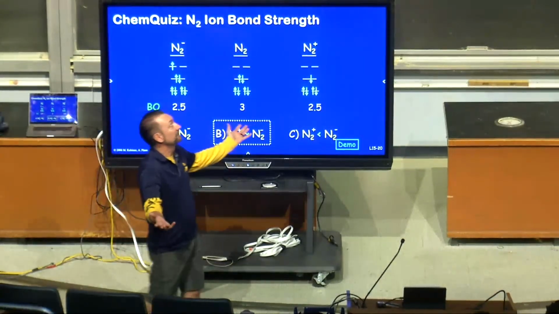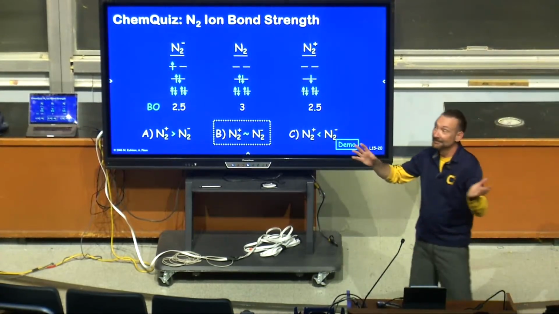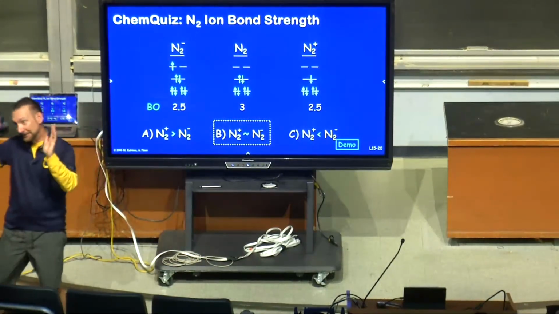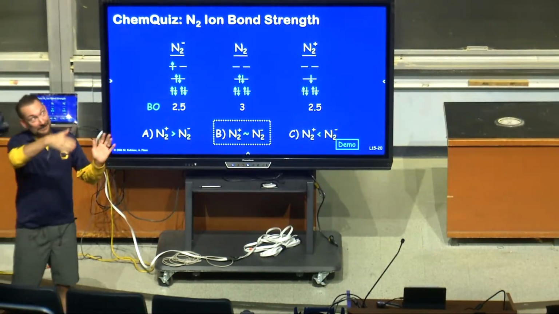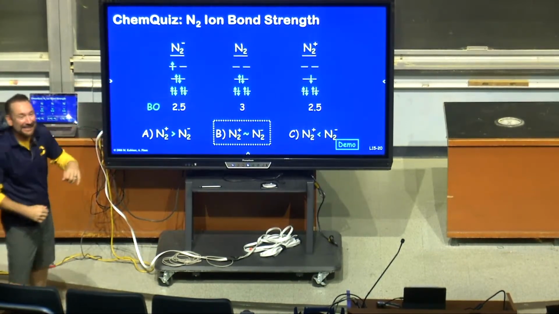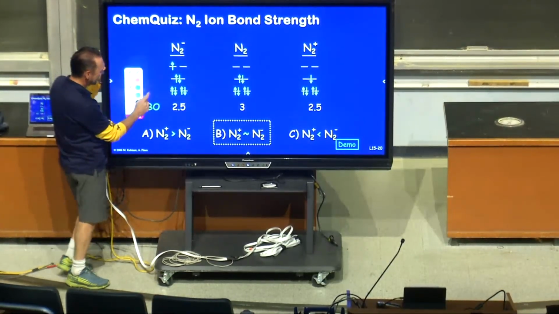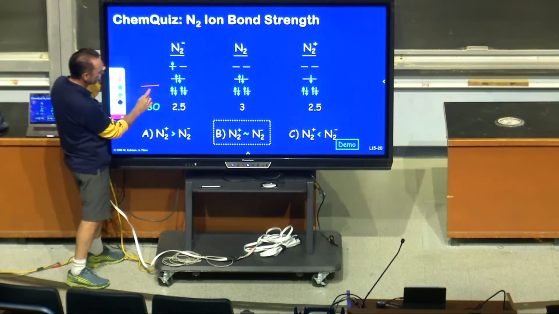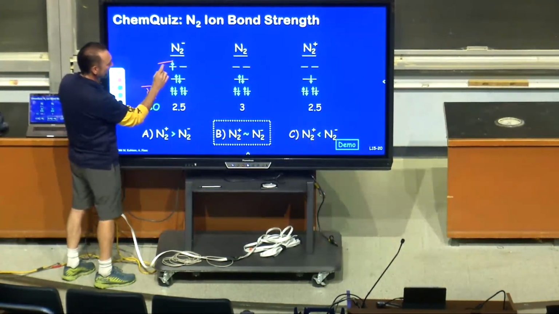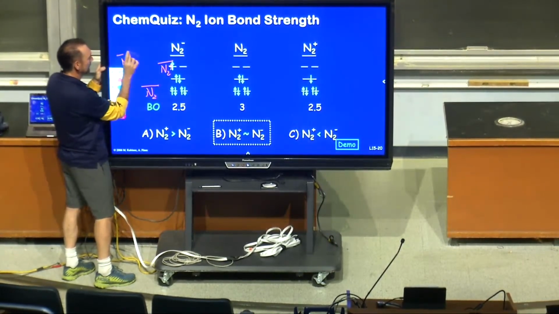Oh, I love this. Oh, let's put this on the exam. Not yet. Why is this so cool? What picture could I draw about the relative stability of these two things? What would be at the bottom of the well? The energy of N2, that bond energy, and up here is N2 plus and N2 minus.